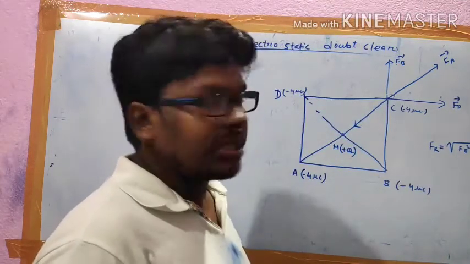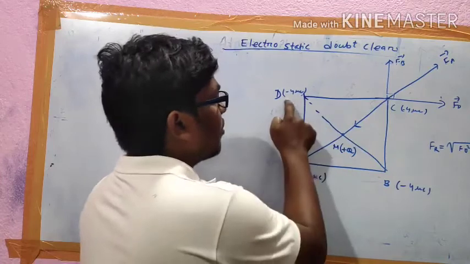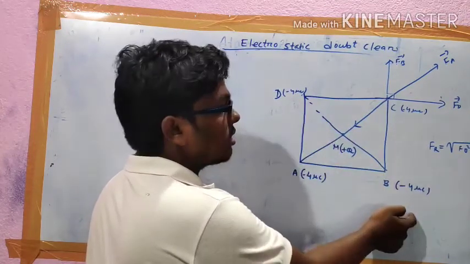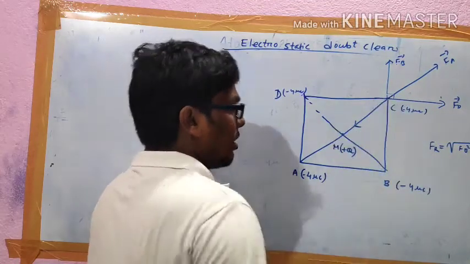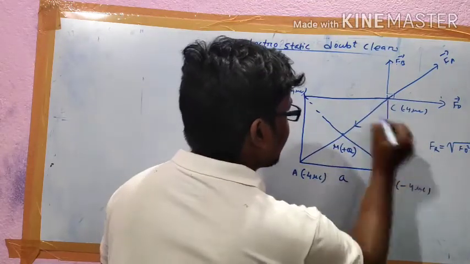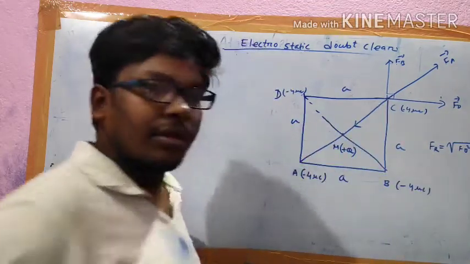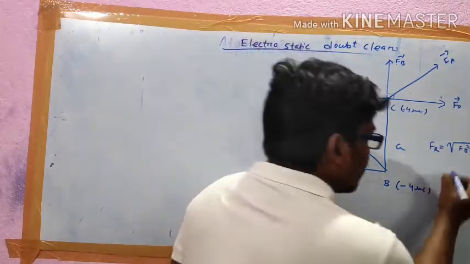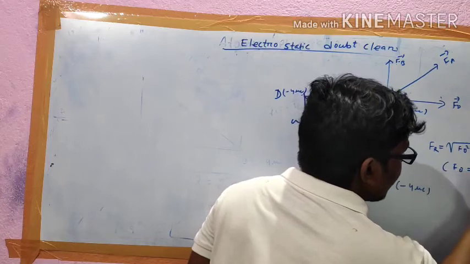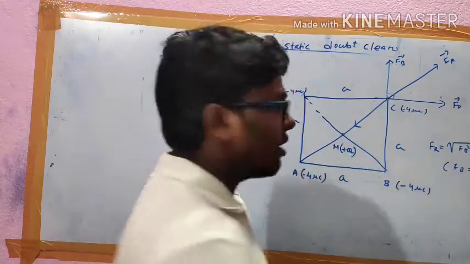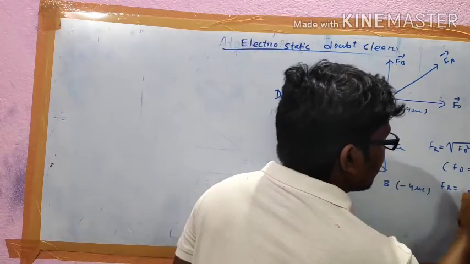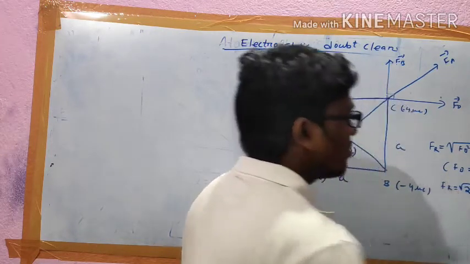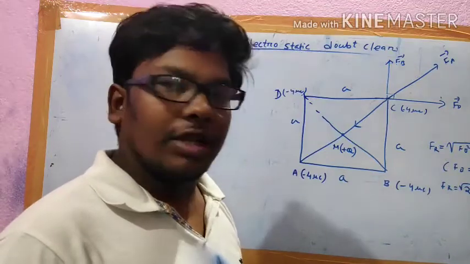But what we see, F of B and F of D consist of same charges, same distance of separation. Let's take it a. Then magnitude of two forces will be same. Here F of B is equal to F of D. Then F of r is equal to root 2 F of B. Clear?